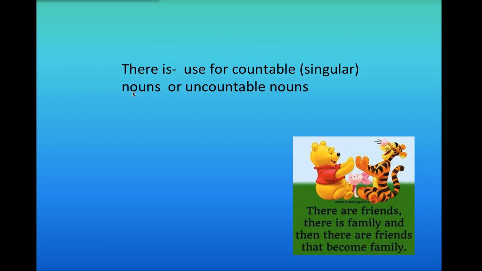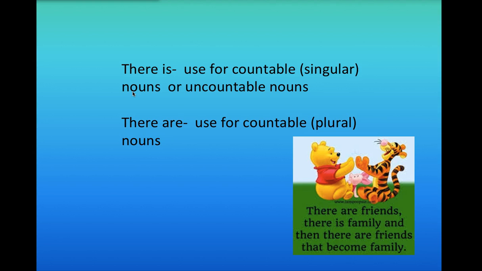We're going to be talking about using there is and there are, something we studied last week. There is is used for countable singular nouns or uncountable nouns. There are is used for countable plural nouns. Remember, a countable noun is a noun that you can put a number in front of. We can say 2 apples, 3 pears, 4 eggs.